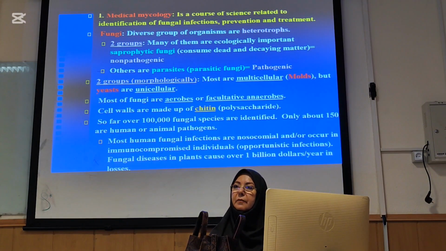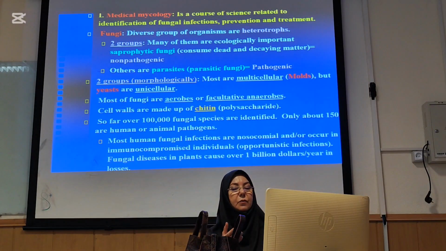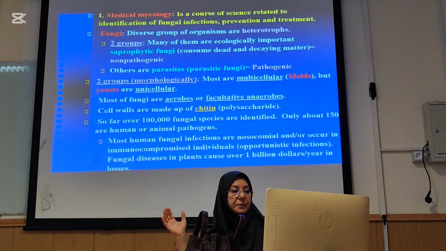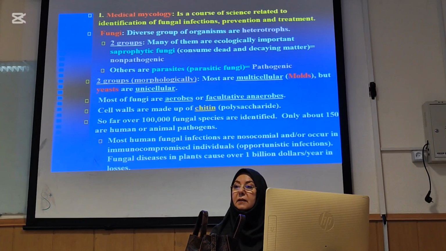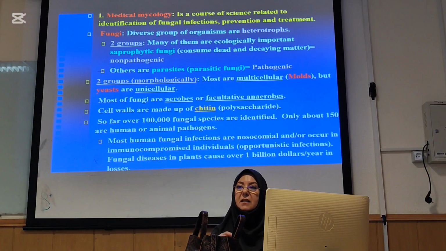Molds or filamentous fungi usually are multicellular. Under the microscope, you can see these fungi as multicellular. But about the yeasts, we can say that this group of fungi are unicellular.